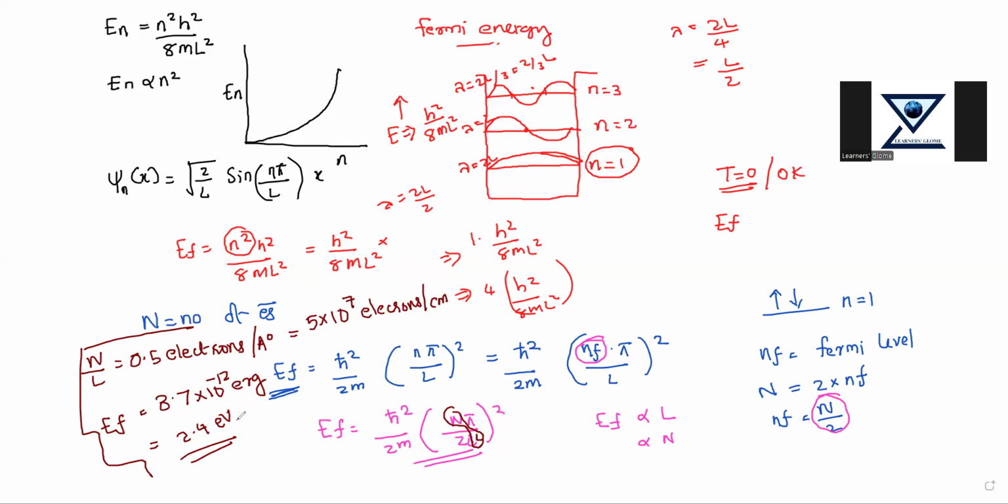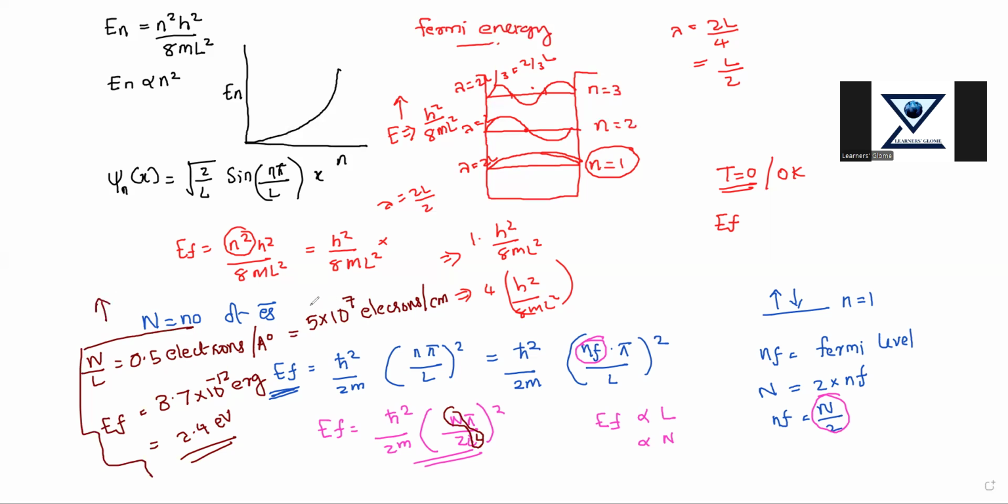So here we can accommodate 5 into 10 raised to 7 electrons in 1 centimeter, with the energy of the electron in the topmost filled level equal to 2.4 electron volt. That is the physical concept of this equation.